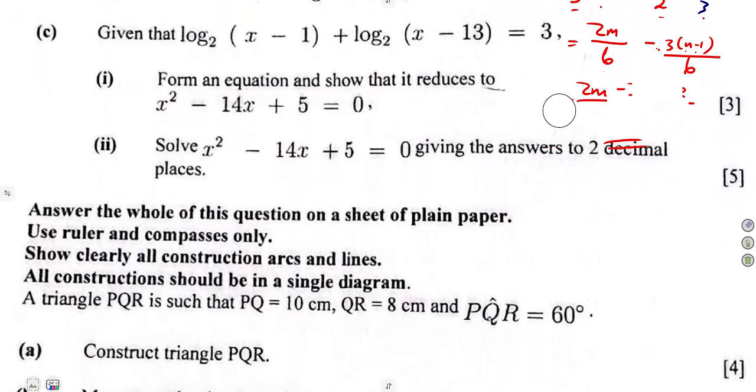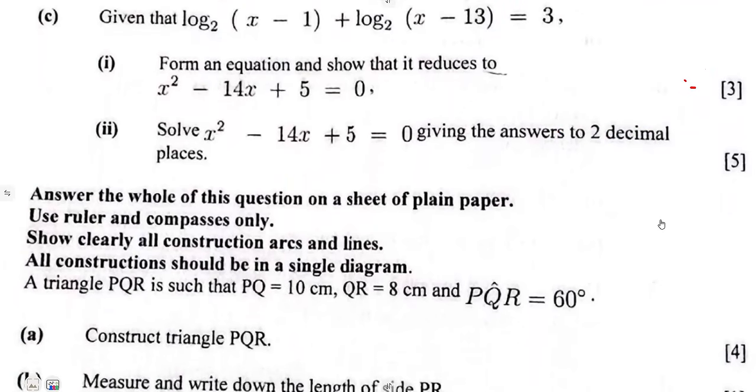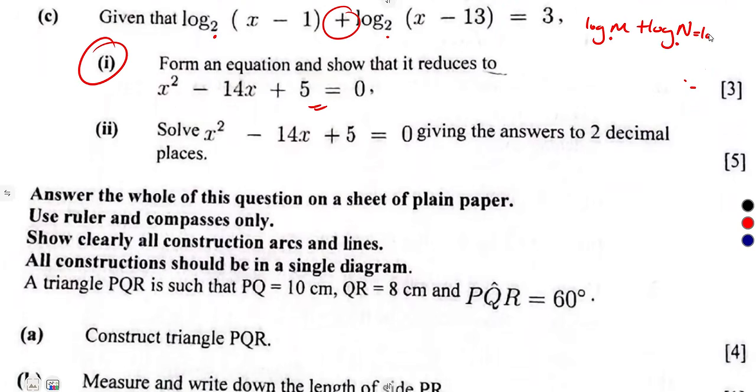All right, now let's consider another part, which is C. Given this logarithm, all right, which is equal to 3, item 1, form an equation and show that it reduces to this. All right, since we are given the same base of 2, we are adding. So remember, log m plus log n, provided we are under the same base, we can simply multiply the numbers mn under that same base.